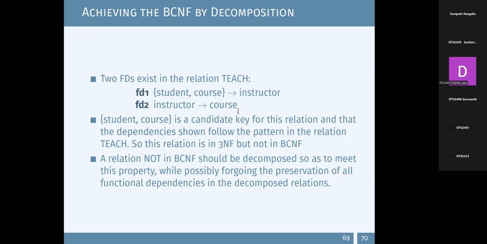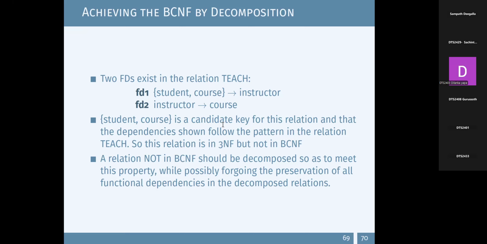Using the instructor, you can determine the course. So we can see student, course is the candidate key for this relation. That dependency is shown in the relation Teach, but this is in third normal form, but not in Boyce-Codd normal form. So therefore you have to break this.